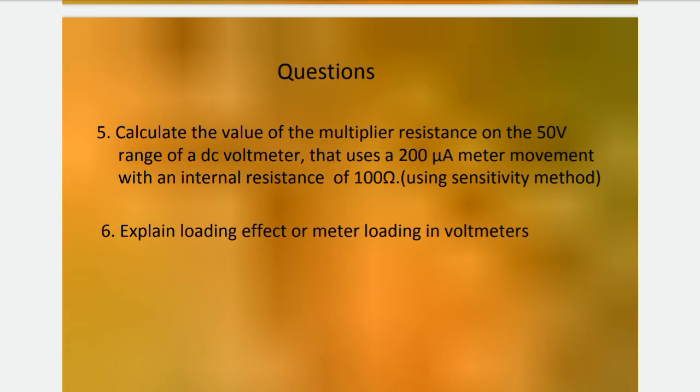And coming to the voltmeter sensitivity questions: calculate the value of the multiplier resistance on the 50 volts range of a DC voltmeter that uses a 200 microampere meter movement with an internal resistance of 100 ohms, using the sensitivity method.